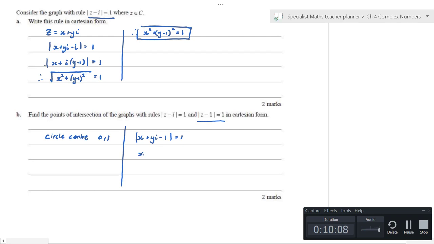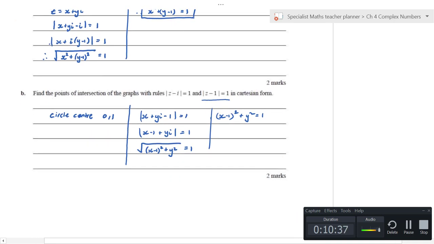And then we've got x minus 1 plus yi is equal to 1, which will give us the square root of, let's collect them, the real part squared and the imaginary part squared is equal to 1. So therefore, we've got x minus 1 squared plus y squared is equal to 1.